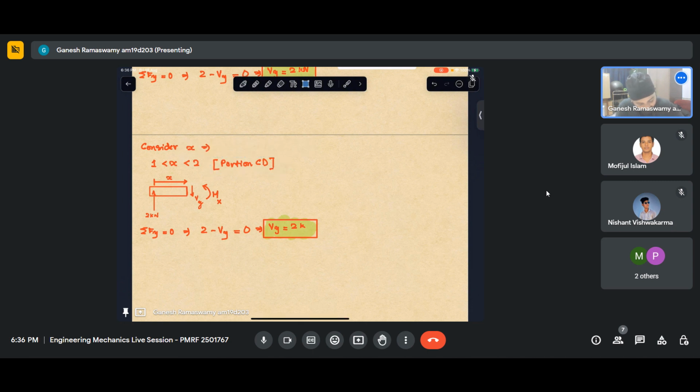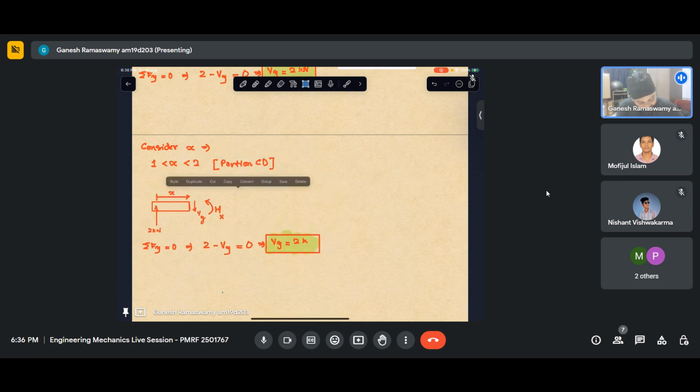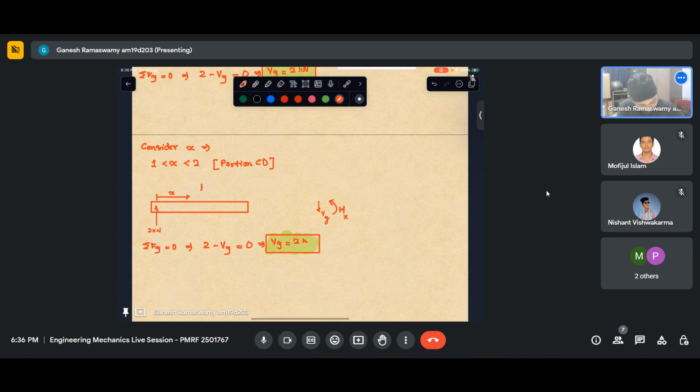Now my diagram would still be the same essentially. Only difference is I have a longer section. Sorry, 1 minute. I have a point load, a concentrated load that is applied at 1, whose value is 0.5.